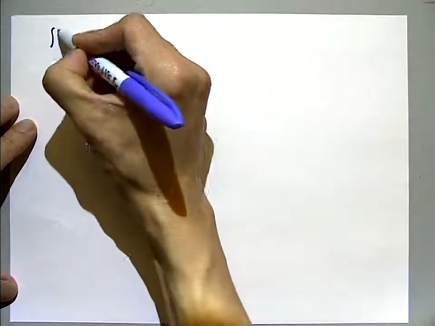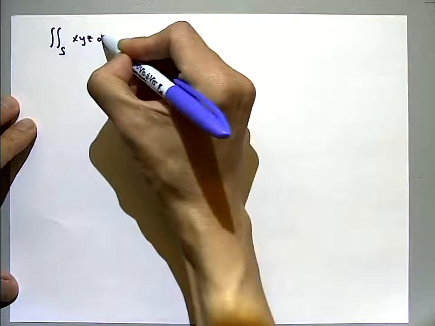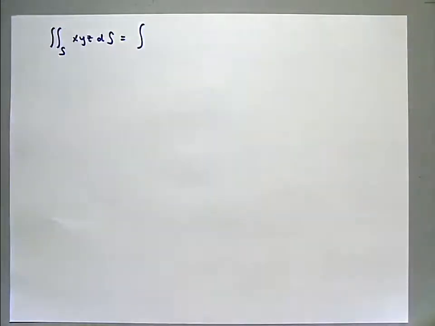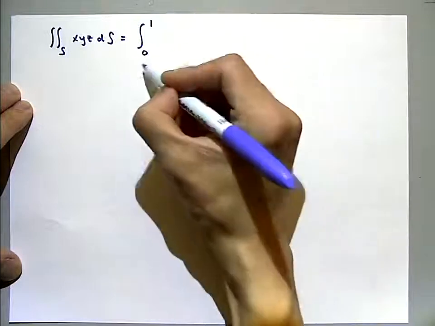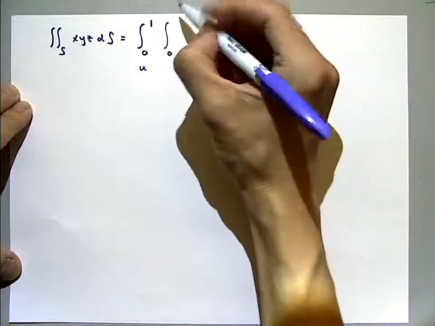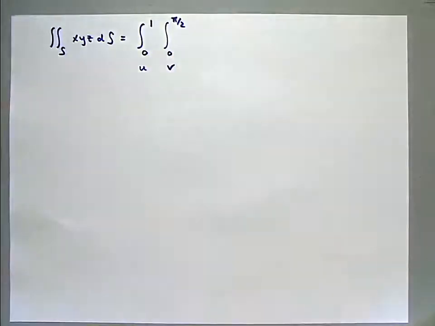And we handle this the same way you handle a similar line integral. All right, so now our domain, the two parameters: u goes from 0 to 1, v goes from 0 to pi over 2. And notice that because they're both bounded by constants, they can go in any order.